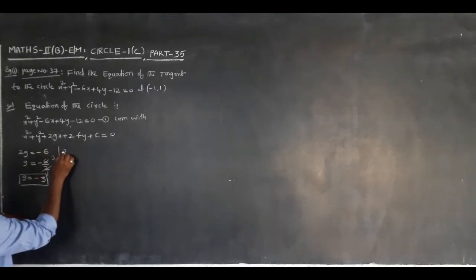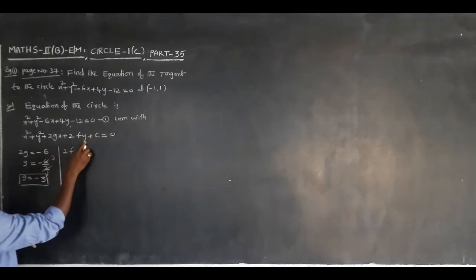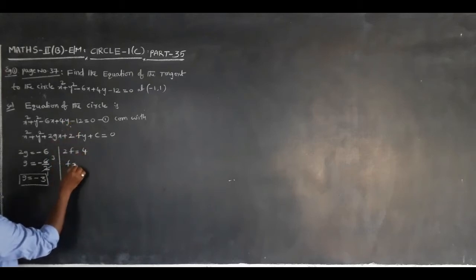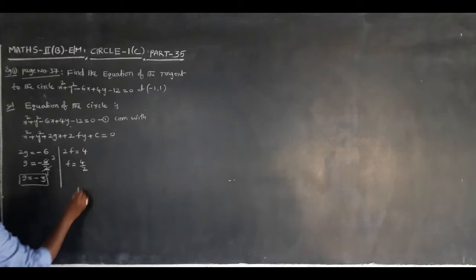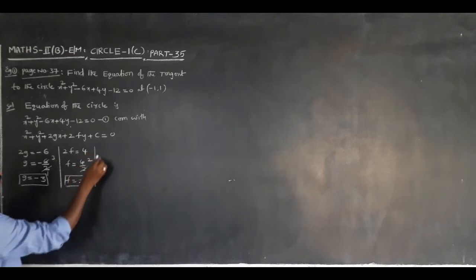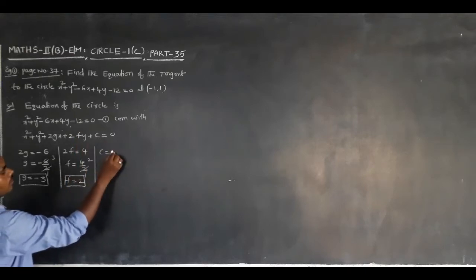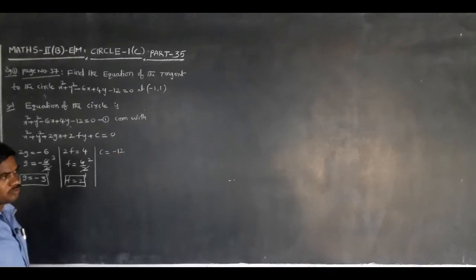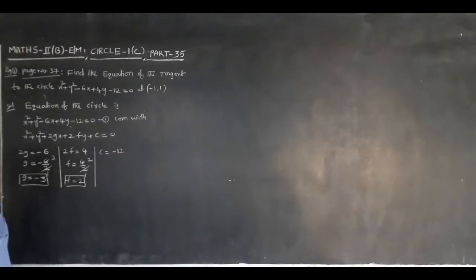Y coefficient 2f is equal to 4, f is equal to 4 by 2, f is equal to 2, c is equal to minus 12.